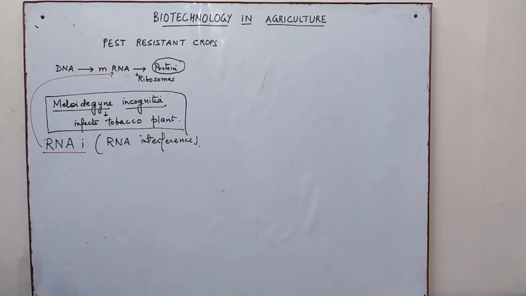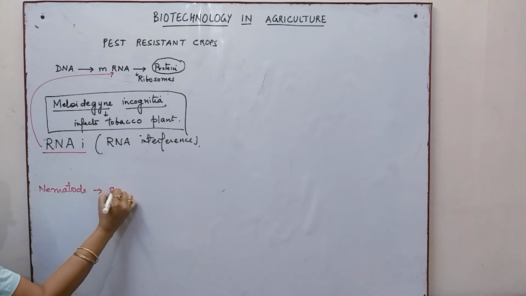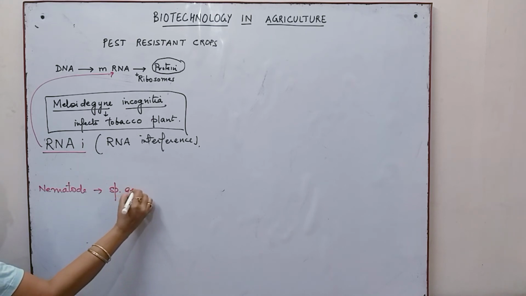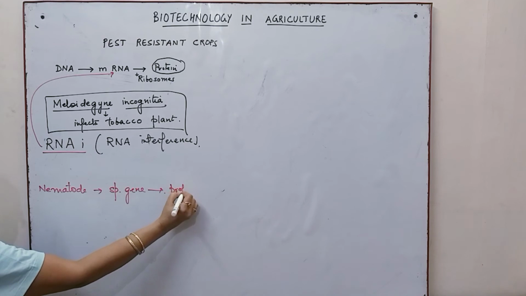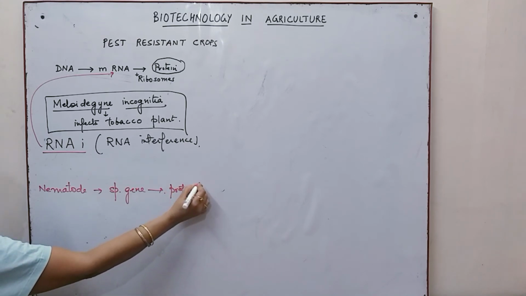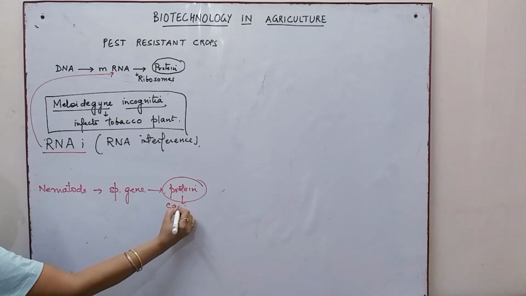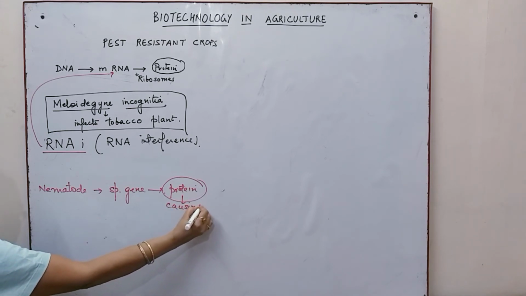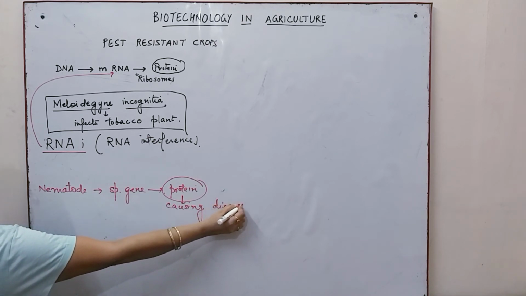So, the nematode has a specific gene that codes for a protein, and this protein is responsible for causing disease. This has been identified.